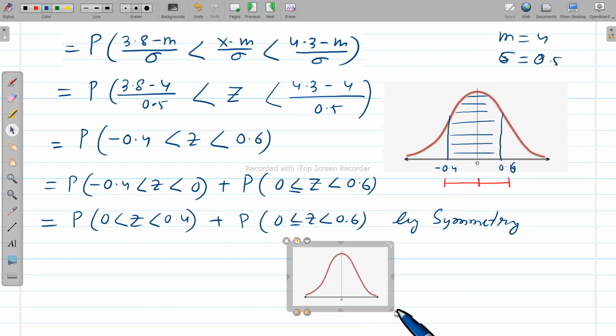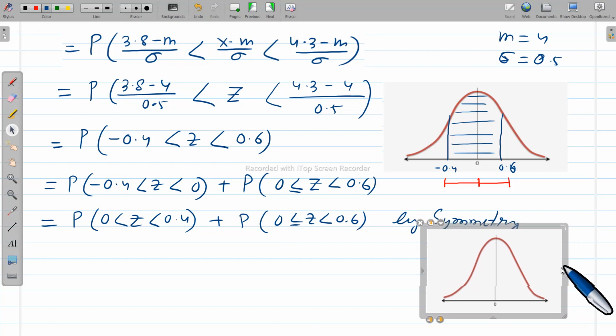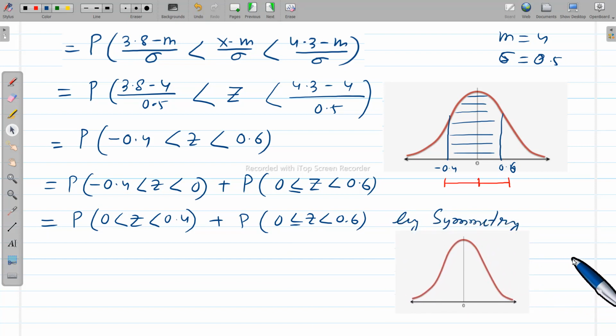Suppose you have this curve. Now try to understand this. Suppose you have this minus 0.4, correct. This area from minus 0.4 to 0 is nothing but this area, because normal distribution is a symmetrical curve about the origin. Same thing is here. If you want to calculate 0 to 0.4, it is nothing but this same area. That's why I have replaced minus 0.4 to 0 with 0 to 0.4.